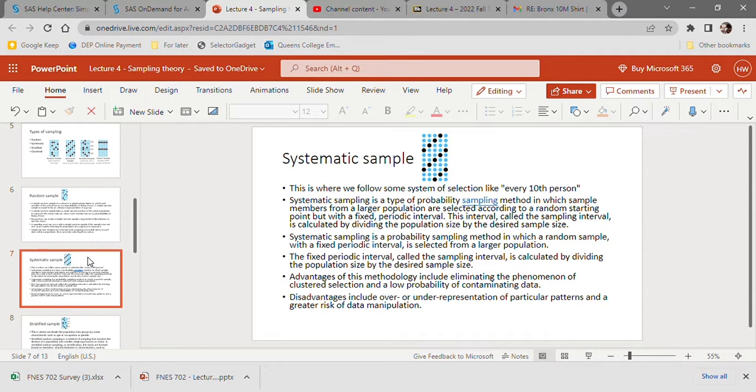And then disadvantages include over or underrepresentation of a particular pattern and a greater risk of data manipulation, right? So less worried about the data manipulation part, but let's talk about this over or underrepresentation. Let's toggle back to our stadium example. Let's say hypothetically we're only going to pick everybody who sits at the end rows, right?